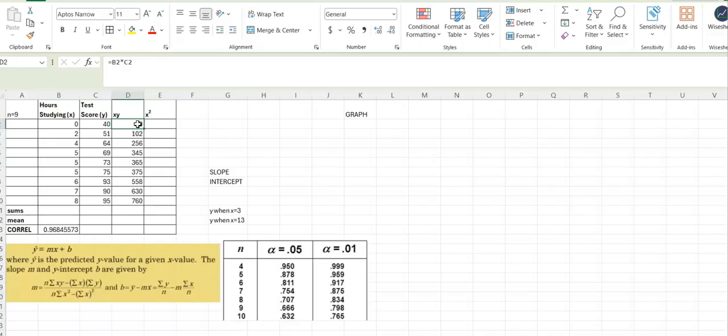Because all I've said here basically is look over 2 columns and multiply it by 1 column over. When I copy it, it adjusts the rows that it's looking at. It's looking at the 3rd row here. Here it's looking at the 4th row, etc. Likewise, x squared is just going to be the x value times the x value. And again, I'm just going to copy that for all the other rows.